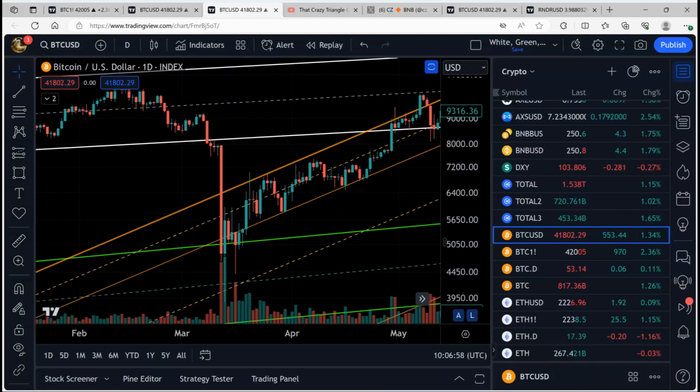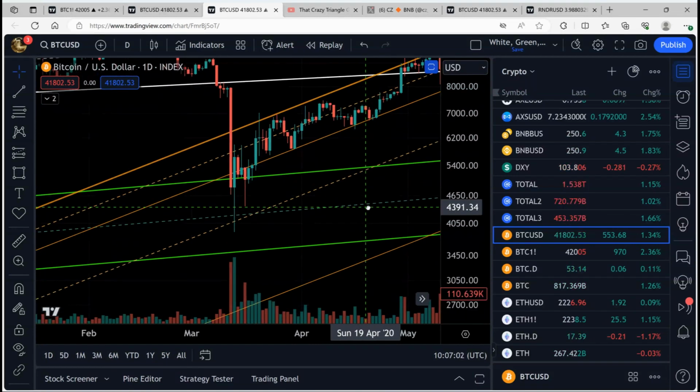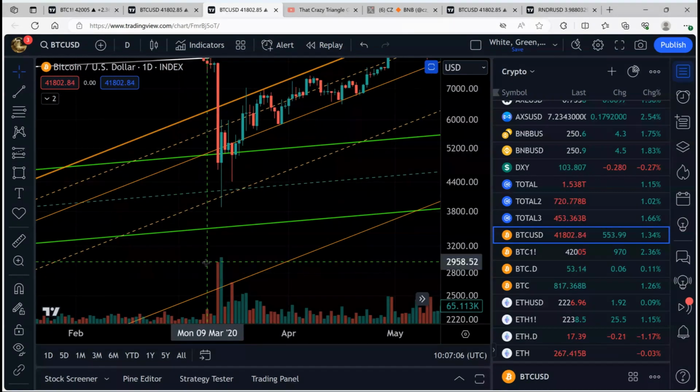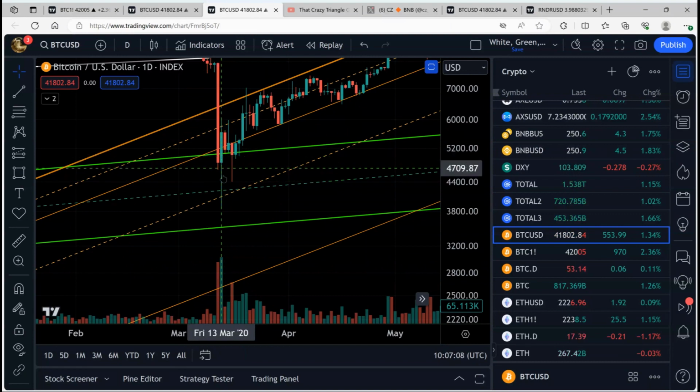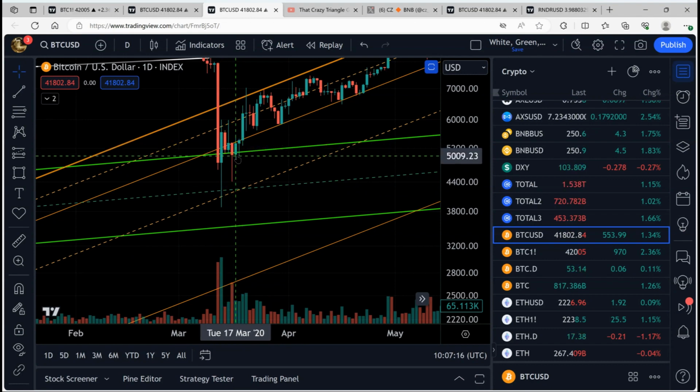Now on a daily time frame, you do see a little bit more interaction with the channel. Although it kind of shot through the center line, you can clearly see how the top here acted as support on a daily basis.